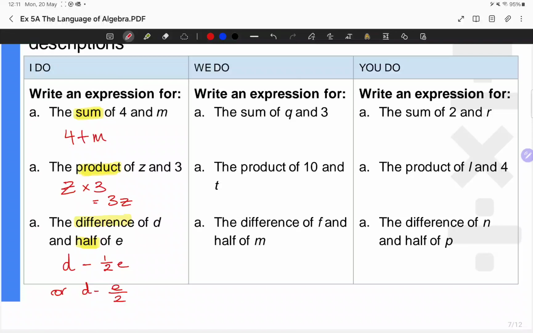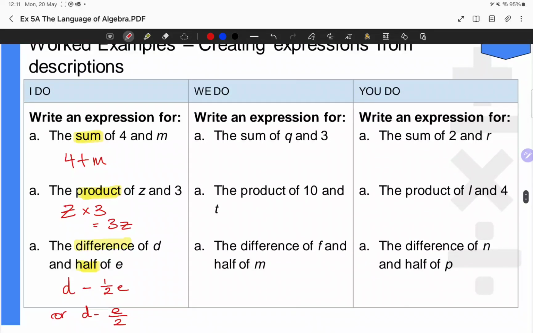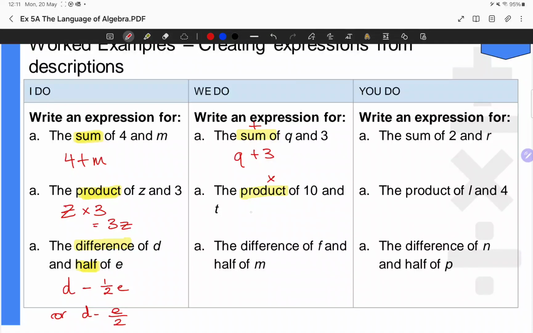Okay. We'll go with the we do together in this one, because generally it takes a little while for people to understand the expressions. So again, the sum means plus, so it'll be Q plus 3. Next, product. Product means times. So here it's going to be 10 times T, or 10T.